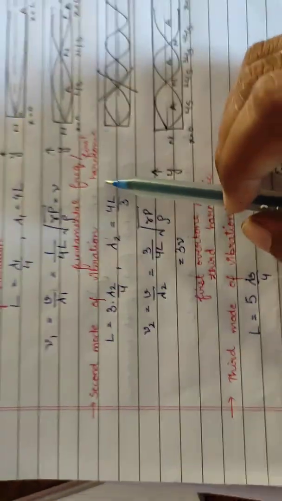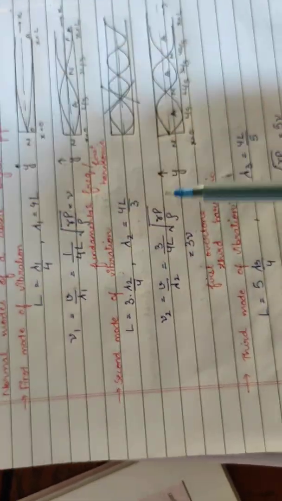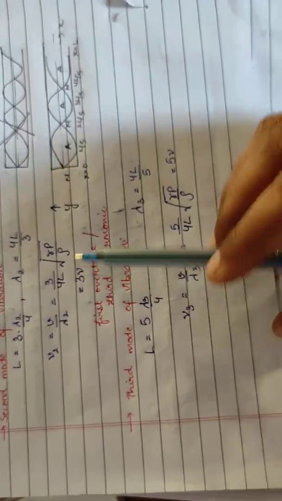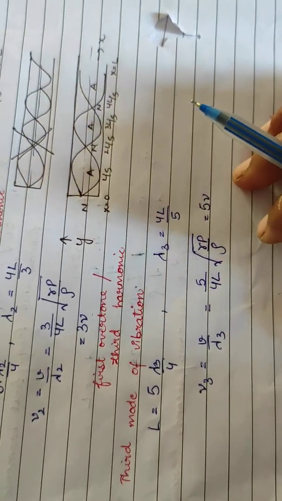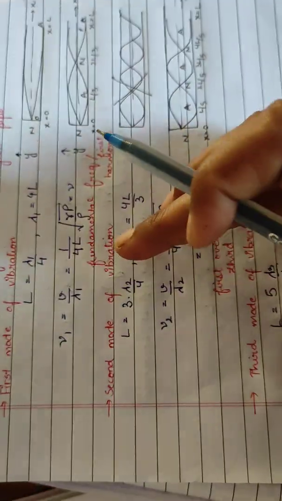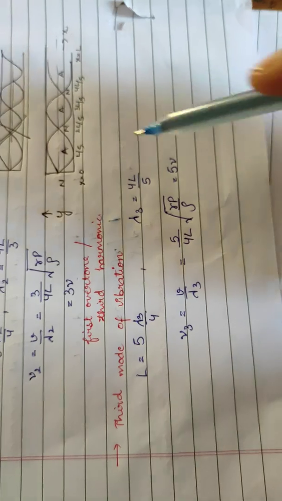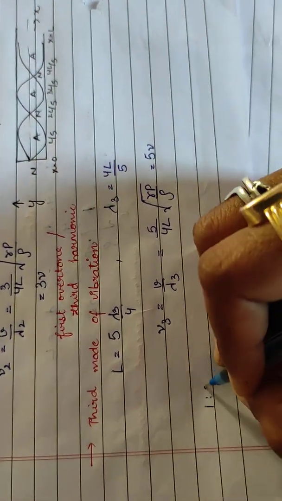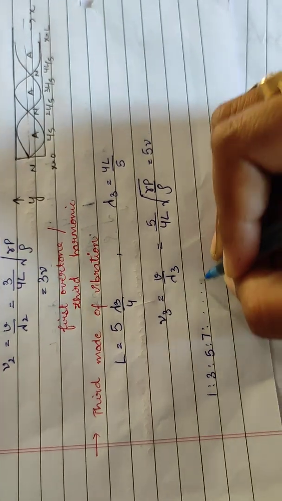Initially for the first mode of vibration we got nu, for the second mode of vibration 3 nu, and for the third mode of vibration 5 nu. If you find the ratio between these different frequencies, you can see 1 is to 3 is to 5. The ratio between these different frequencies comes out to be 1 is to 3 is to 5 is to 7 and so on.